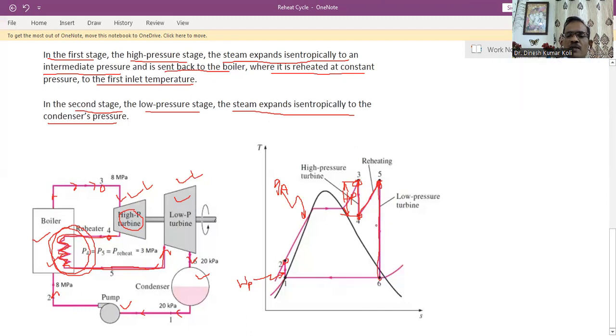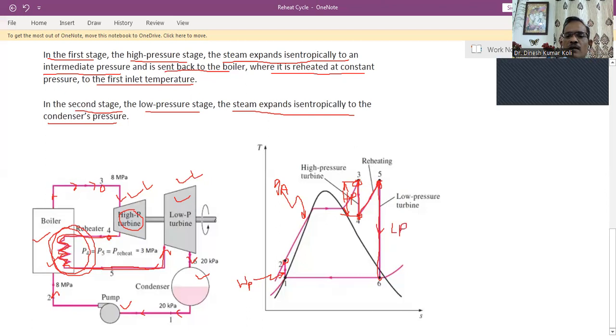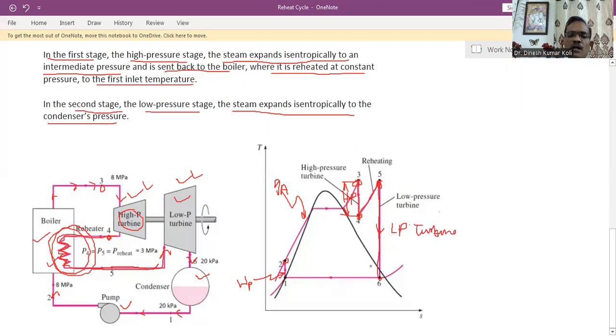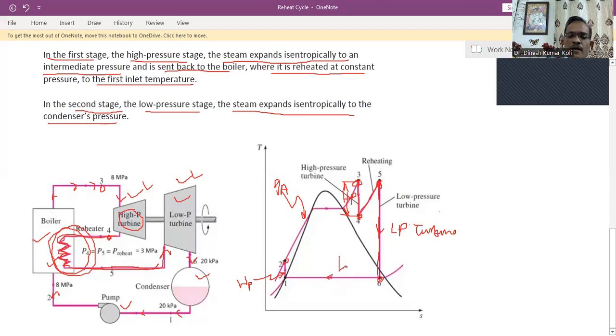We obtain work in both turbines. At point 6, the exhaust steam is passed through the condenser where heat is rejected, which is QR.